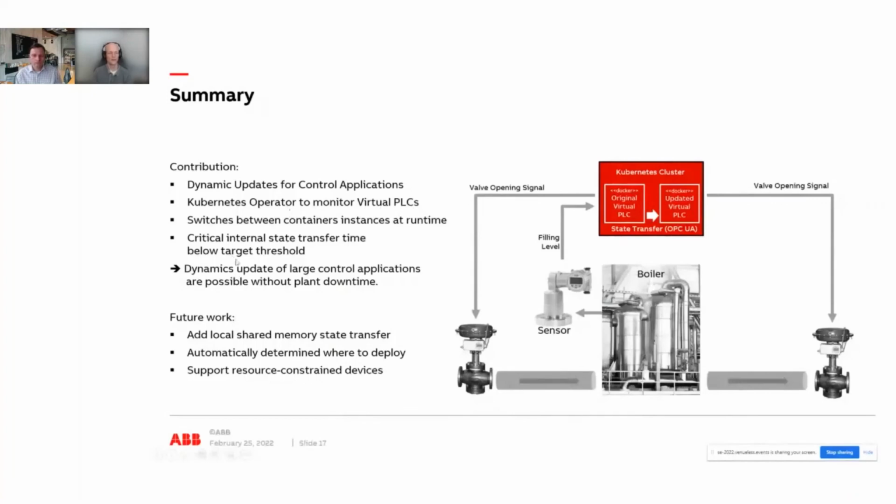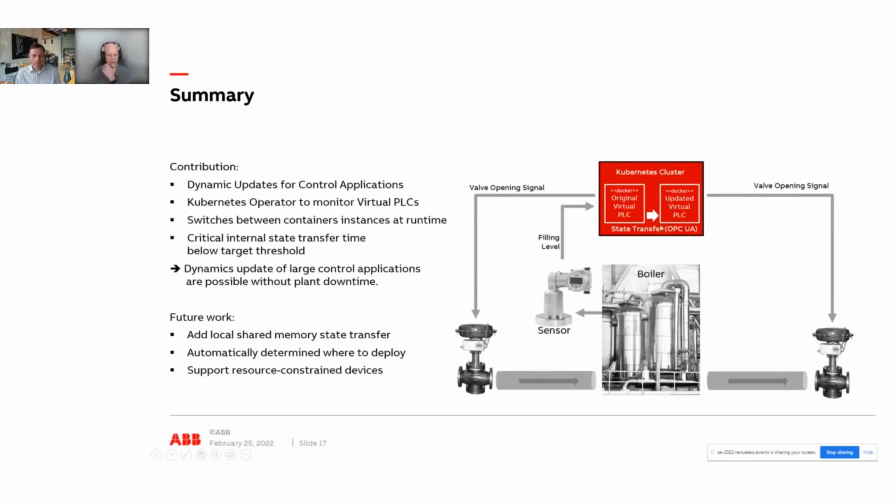And we also measured whether this critical internal state transfer time is below our target threshold. So this enables dynamic updates of control applications and avoids plant downtime, because the process in the best case should not experience any outages or any interferences here.